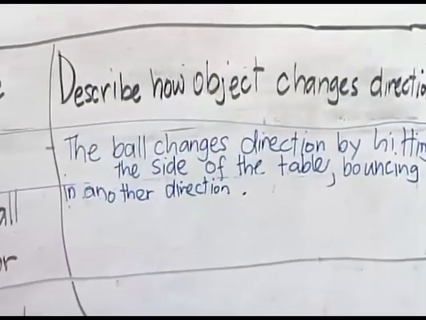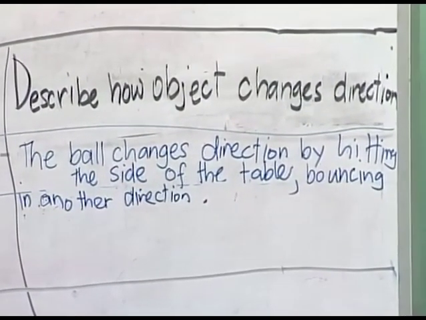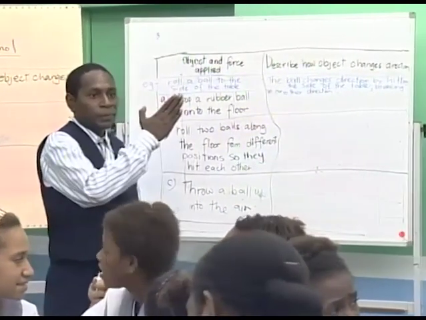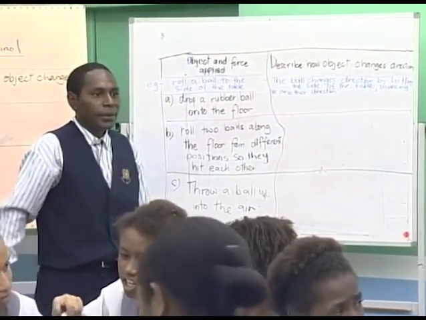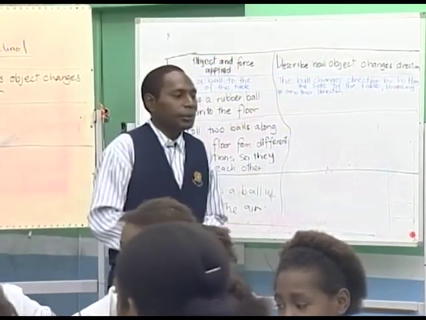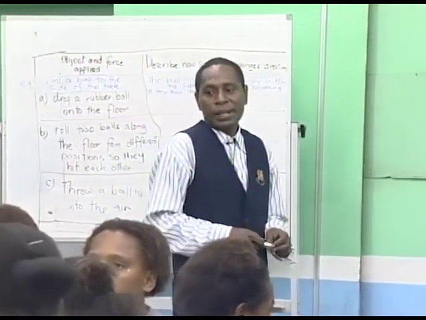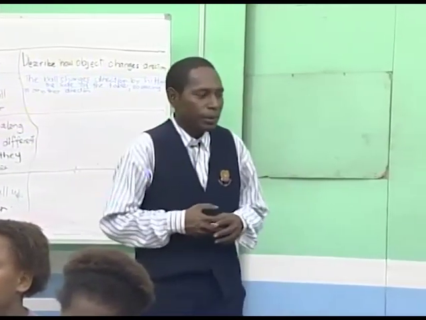That is how the object changes direction. It doesn't continue traveling on the same line. Okay, good. You are going to be doing something quite similar today. Right, so receiving students and class, let us look at our first activity.